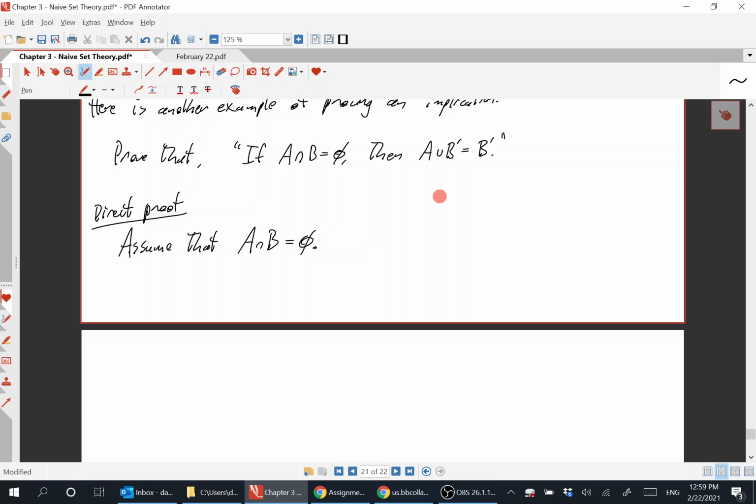And now we want to show that A union B complement is equal to B complement. So we want to show that A union B complement is a subset of B complement, and that B complement is a subset of A union B complement. Well, one of those is easy.